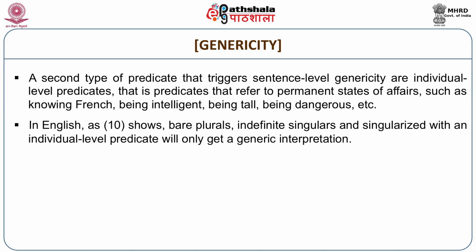Again, all these predicates trigger a generic interpretation for bare plurals, indefinite singulars, and definite singulars used with them. So if you say "a Frenchman is tall," or "girls know French," or "the French are intelligent," in all three examples you get a generic interpretation of the noun phrase.